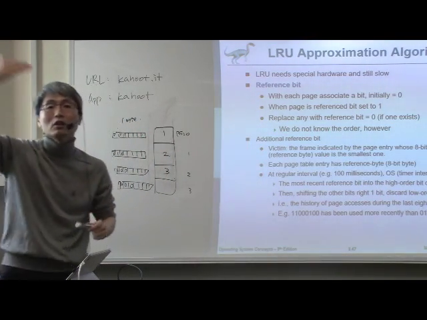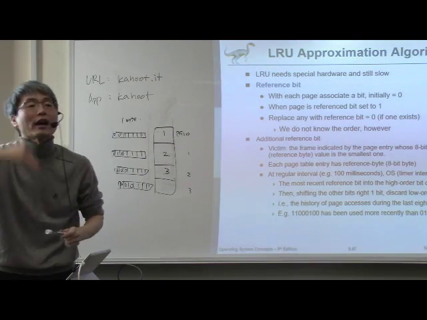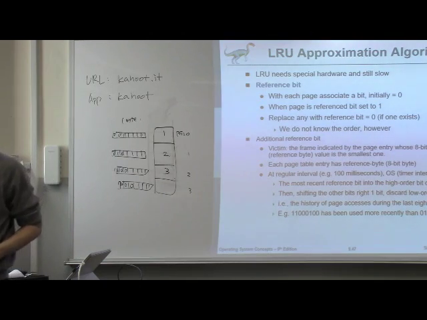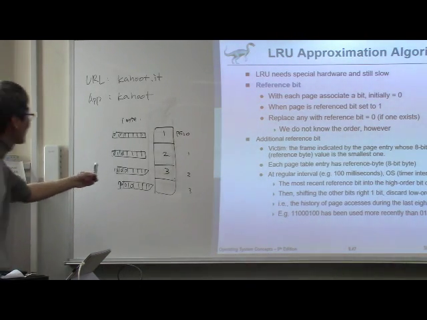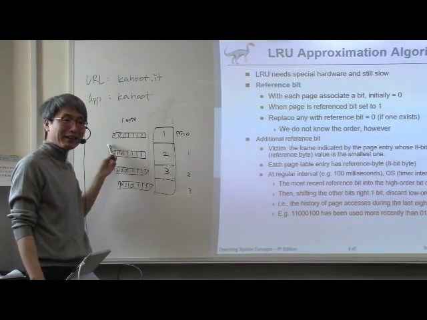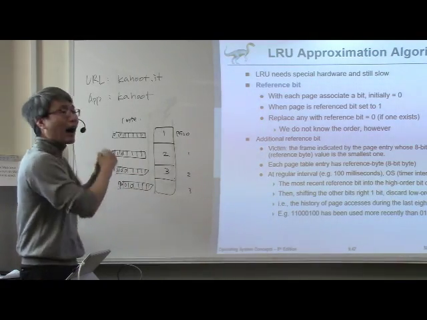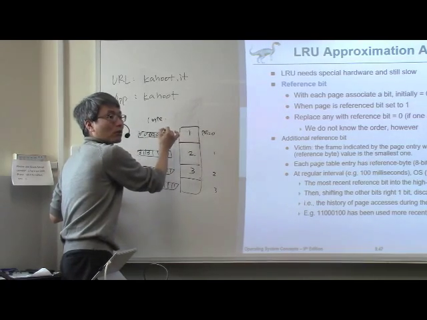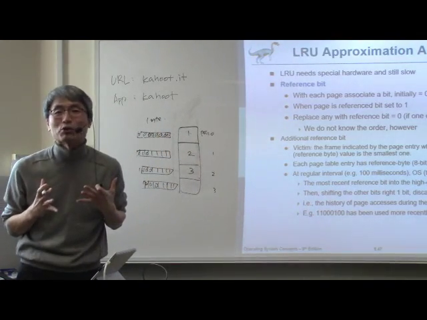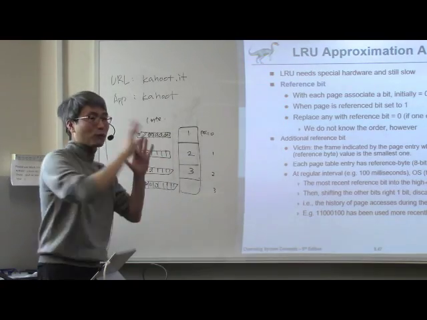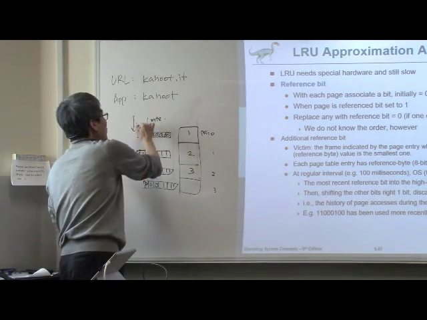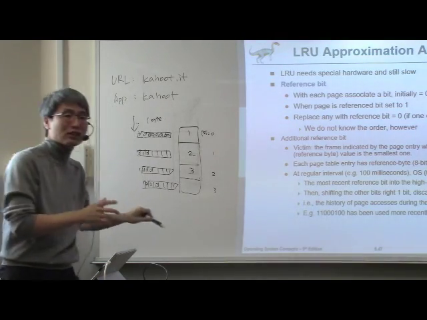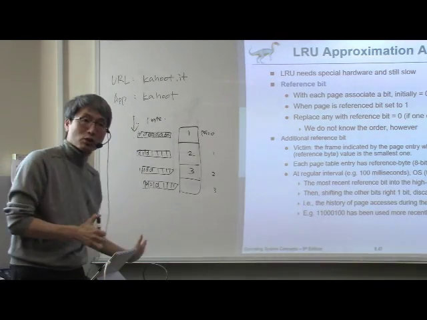A referenced bit is 1, right? Not referenced is 0. So if never referenced, never used, it's 0, which means it's least recently used. So we will select the lowest number. Don't be confused. From the most significant bit, you can select the 0.